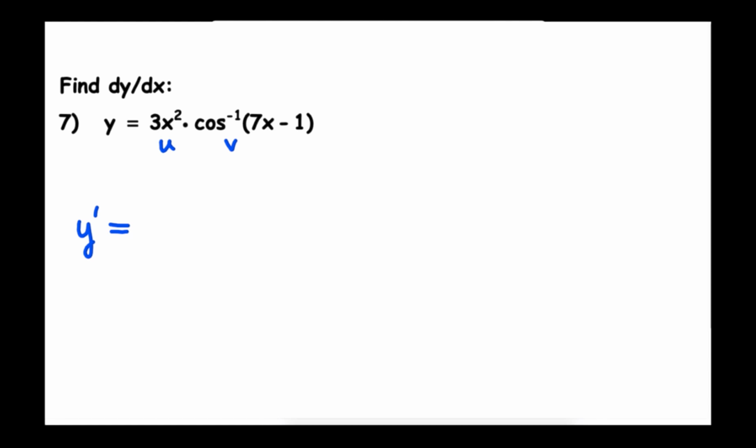I'm going to slow myself down. U prime v. Let's copy it all down nice and slowly. Okay, u prime v plus u v prime.